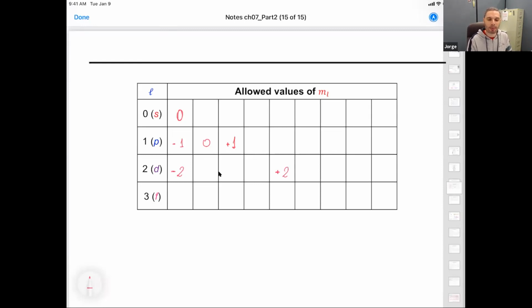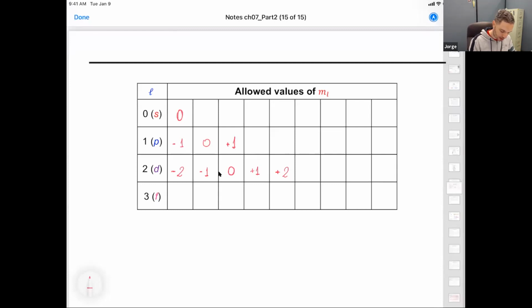Let's fill the gap, adding 1 unit at a time. Minus 2 plus 1 is minus 1. Minus 1 plus 1 is 0. 0 plus 1 is plus 1. Plus 1 plus 1 is plus 2. Therefore, for the d orbital, we have 5 possible orientations of this orbital in space.